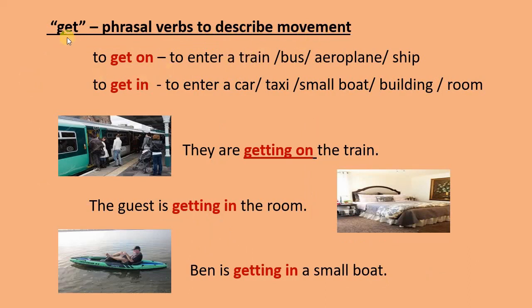So guys, now let's look at some phrasal verbs to describe movements. So these are very important and very common. To get on. It means to enter a train, bus, aeroplane, or ship. To get in. Definition: to enter a car, a taxi, small boat, building, or room.